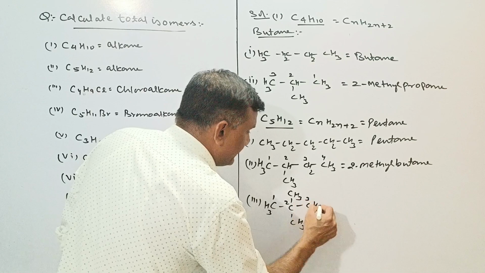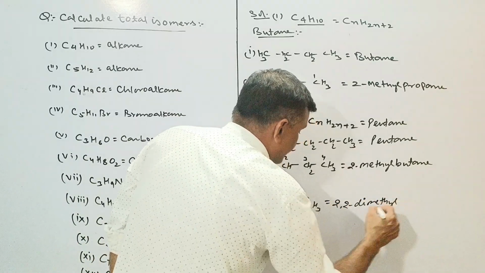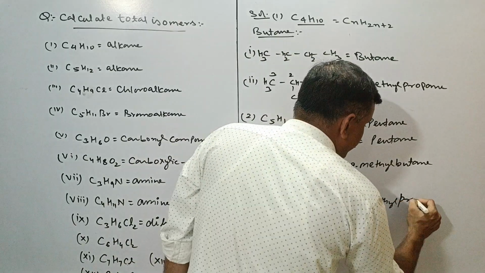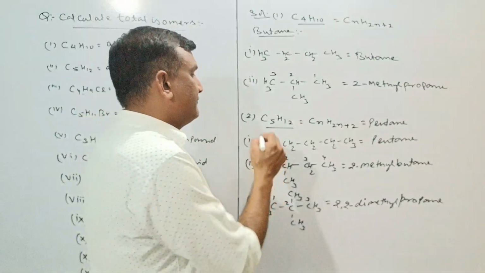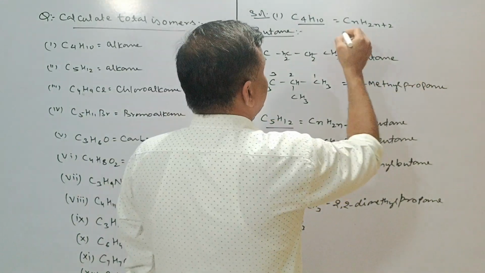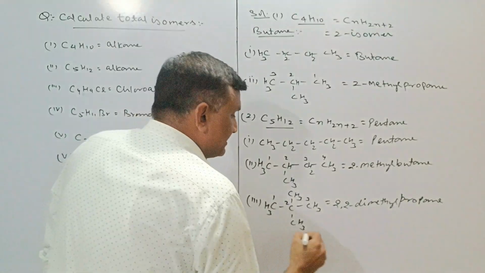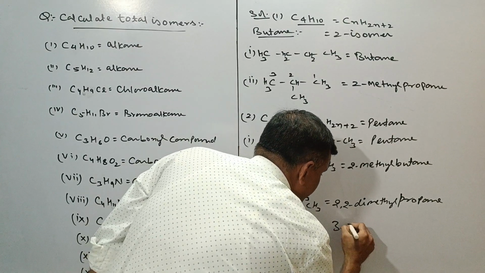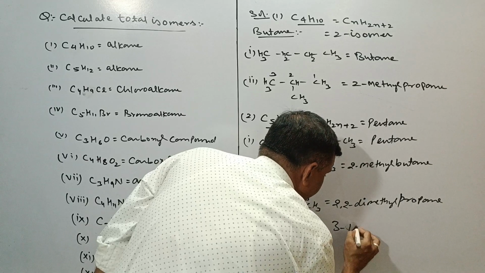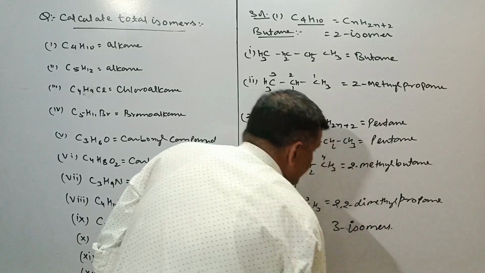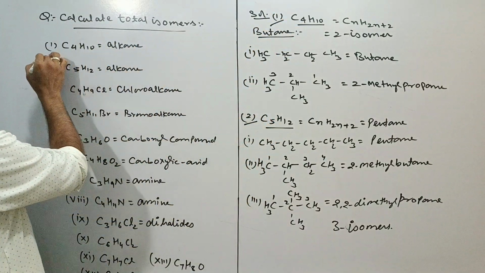The name of the compound will be 2,2-dimethylpropane. So for C4H10 there are only 2 isomers, while for C5H12 there will be 3 isomers. The total number of structural isomers will be 3. So this was about question number 1 and question number 2 that we have discussed.